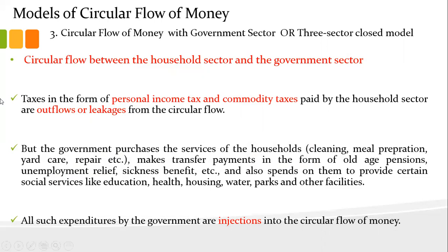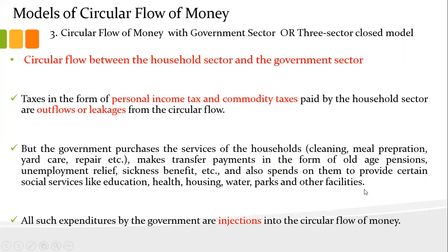And government is purchasing household services like cleaning, meal preparation, yard care, repair. So government is purchasing these kinds of services from household, and making transfer payments in the form of old age pension, unemployment relief, sickness relief, etc. All these welfare facilities are provided by government, as well as expenditure on education, health, housing, water, parks, and other facilities.